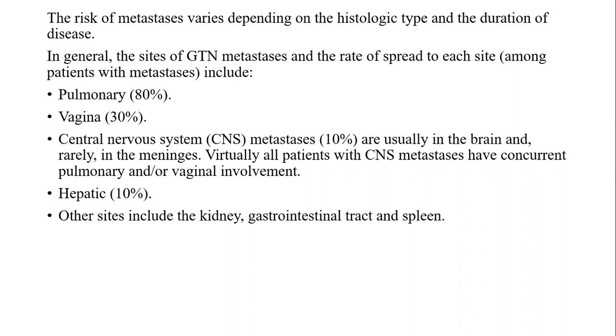Carry on. So these are the commonest sites. The lung invasion is about 80%, followed by vaginal, then CNS invasion at about 10%, then hepatic at 10%. Other sites include the kidneys, the GIT, and the spleen.